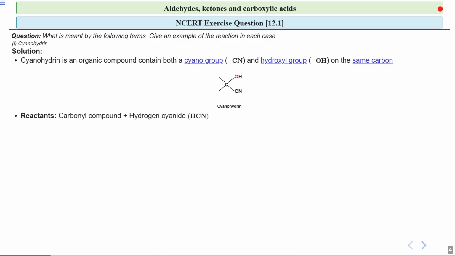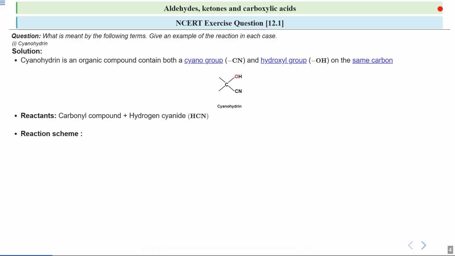Now let's talk about cyanohydrin's formation. The typical reactants are a carbonyl compound like an aldehyde, or it can be a ketone, and hydrogen cyanide, which is HCN. So when this carbonyl compound and hydrogen cyanide react, they produce cyanohydrin. Now let us look at the reaction scheme.